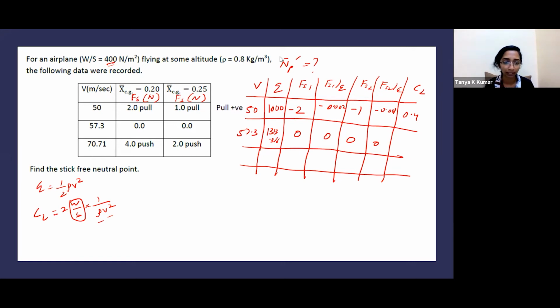CL is 2W by S by rho V square. And V here is 57.3. CL is 0.3046. Okay. Now next, third entry.